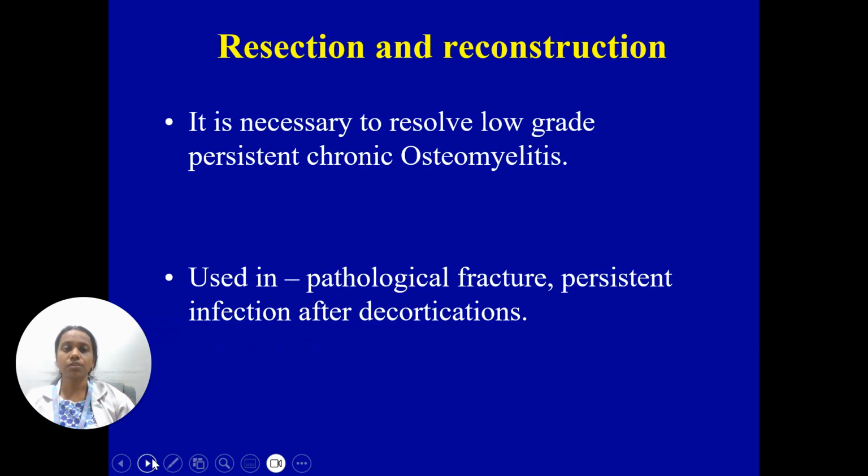Resection and reconstruction is required if there is a pathological fracture or persistent infection after decortication. It is necessary to resolve a low-grade persistent chronic osteomyelitis. So we have got to resect the osteomyelitic part of the jaw along with normal bone of 1 to 2 centimeters margin.